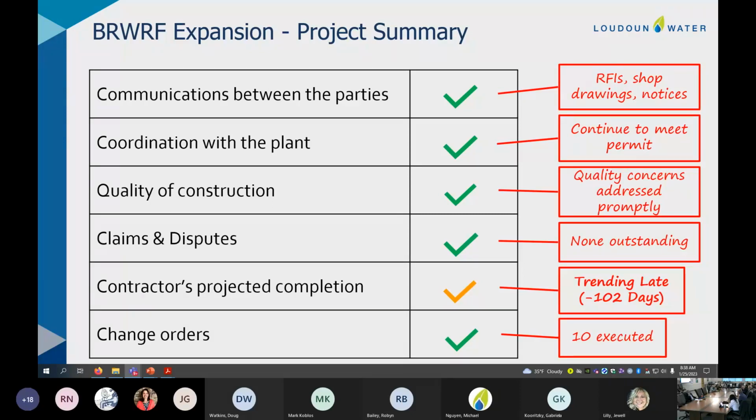Once we get that, we'll do our analysis of it and determine exactly how many days the contractor might be entitled to in terms of additional time or a time extension or not. The rest of my discussion is going to dive into this topic and talk a little bit more about some of the recourse that we have in the contract to address this and some other things.